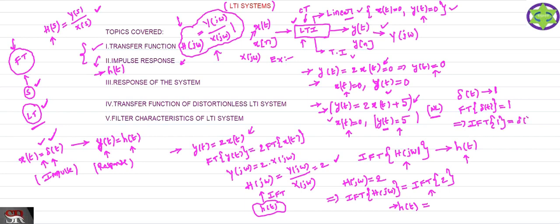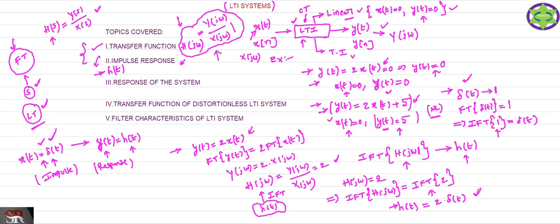It is equal to delta(t). Already you know this property, which is the first property of the Fourier transform. The Fourier transform of delta(t) is 1, therefore the inverse Fourier transform of 1 is delta(t). Here the inverse Fourier transform of 2 is 2 times delta(t).